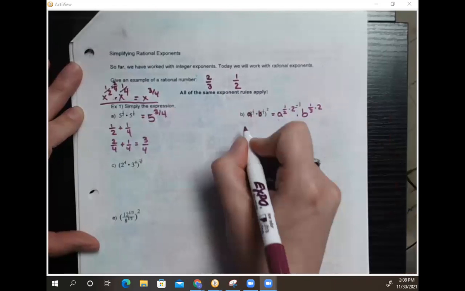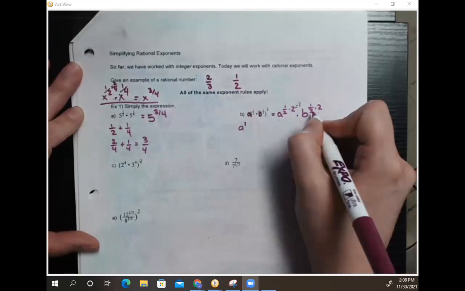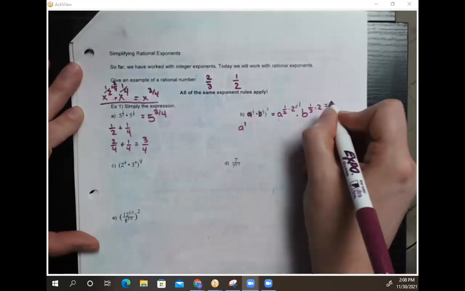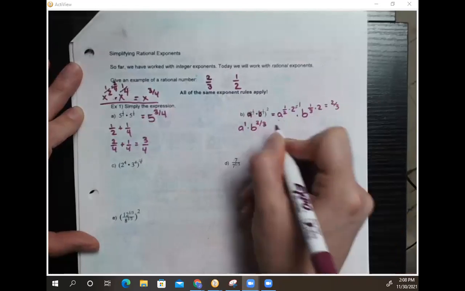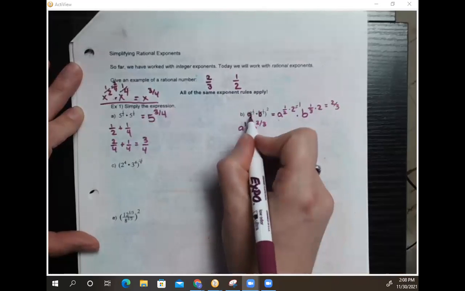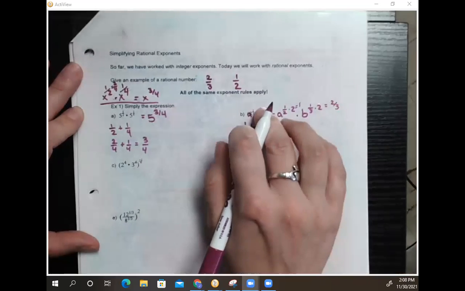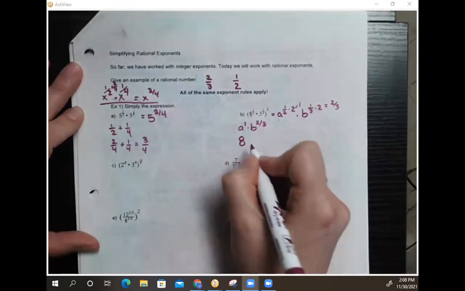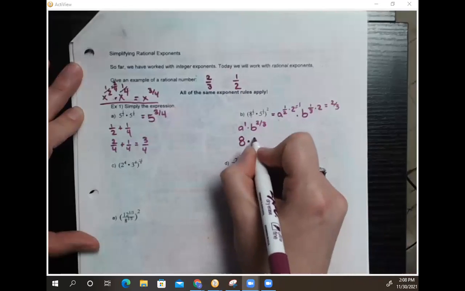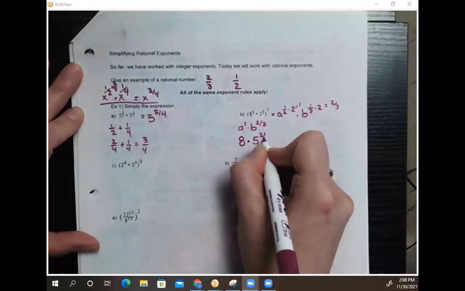So this would be A to the first. 1/3 times 2 would be 2/3. So this would be B to the 2/3. Now I'm going to substitute back in what I had originally, which was 8 and 5. So this would be 8 to the first, or just 8, times 5 to the 2/3.